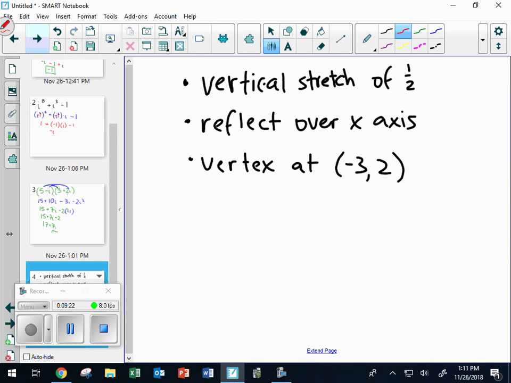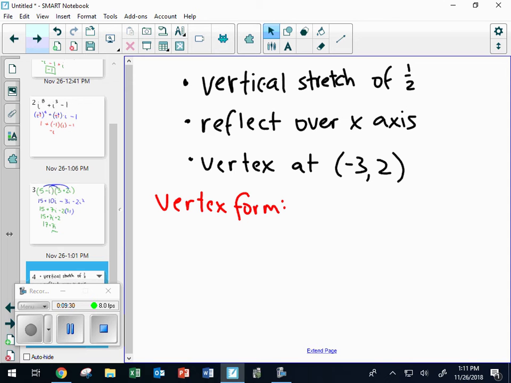For right now, all I want is just the vertex form.